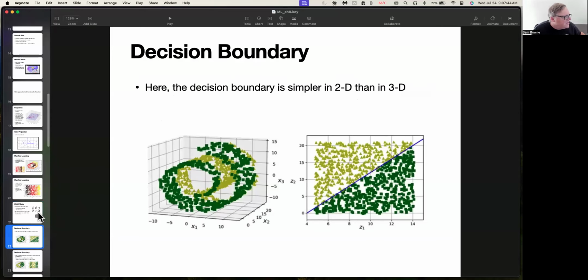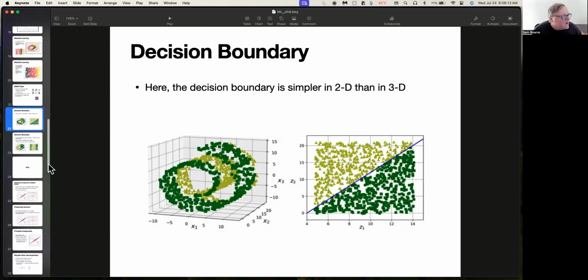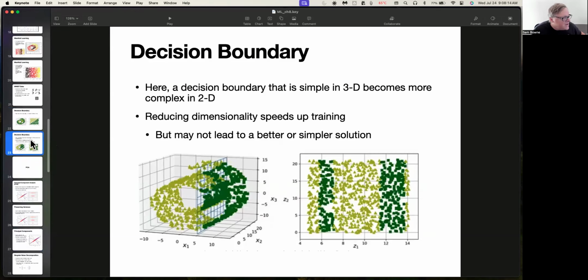All right, so here's another decision boundary, where you have a thing wrapped around a spiral, and the dark green is thick at this end, and it gradually gets thinner at the other end. The decision boundary in this 3-dimensional space would be very complicated, but if you project it to the 2-dimensional space, the decision boundary is just a straight line. So the problem may well be much easier once you lower the dimensions.